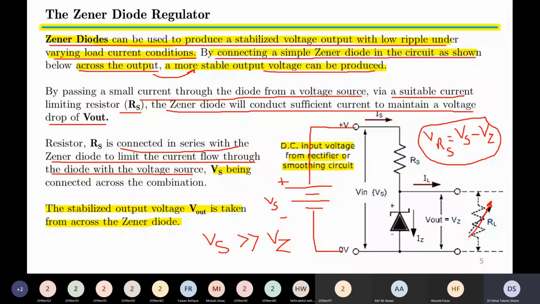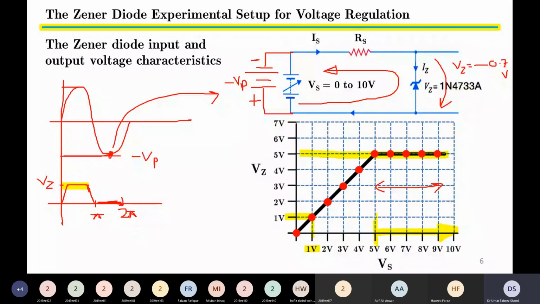It will limit the current, and it will also ensure that IZT, the Zener test current, always flows through the Zener diode, so that the Zener diode produces the specified Zener voltage across itself. We saw this very simple experiment where the input voltage changes linearly, but once the Zener voltage is crossed, the Zener diode produces a constant voltage without any change in the output voltage.